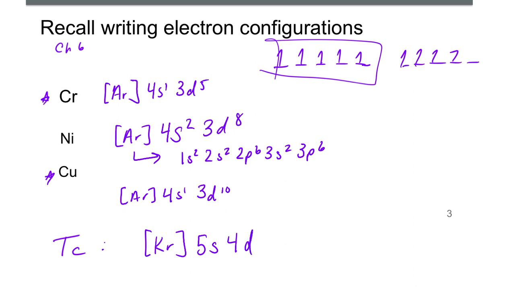How many in each? Well, technetium, if we look, is the 7th position over. That gives us 7 electrons to fill. We'll put 2 in the s orbital and 5 in the d orbital. Make sense?